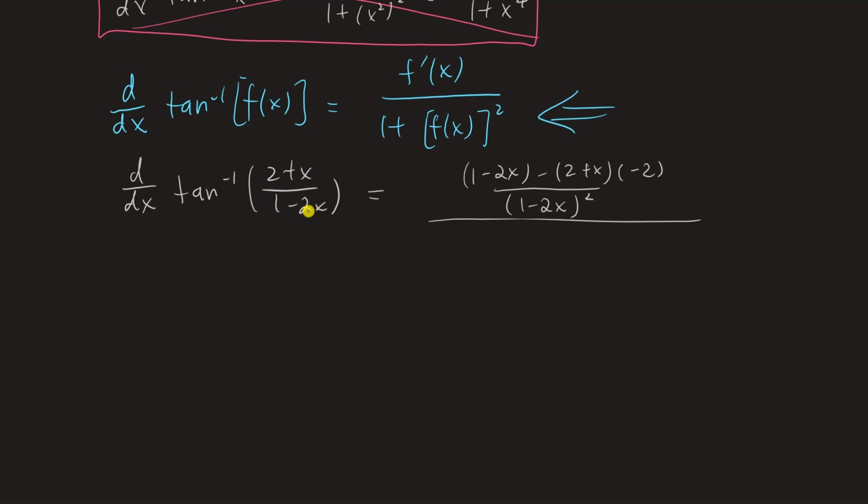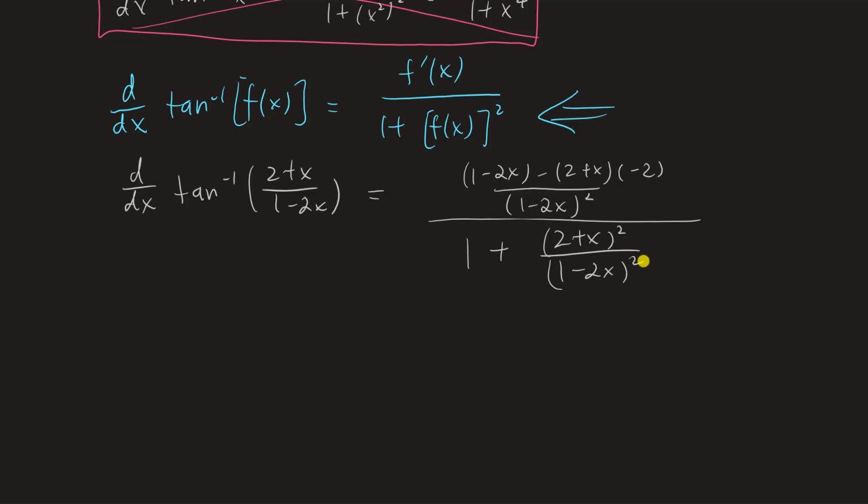This will be the differentiation of f(x), which is f'(x). And then at the bottom, all we need to do is 1 plus, whatever this is, squared. (2 + x) over (1 - 2x) squared.